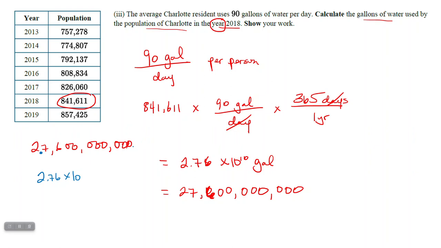The something power in this case would be however many times you need to move the decimal point to put it between that 2 and that 7. So you'd move it 1, 2, 3, 4, 5, 6, 7, 8, 9, 10 times. And I basically did that in reverse when I was writing the answer for you. So this is how many gallons you have.